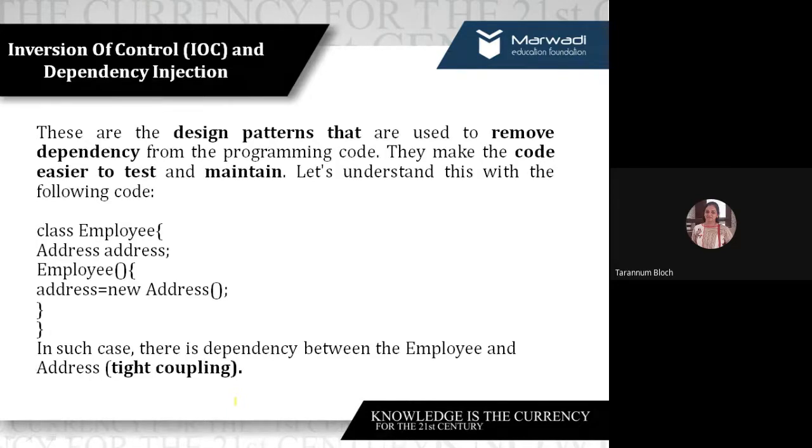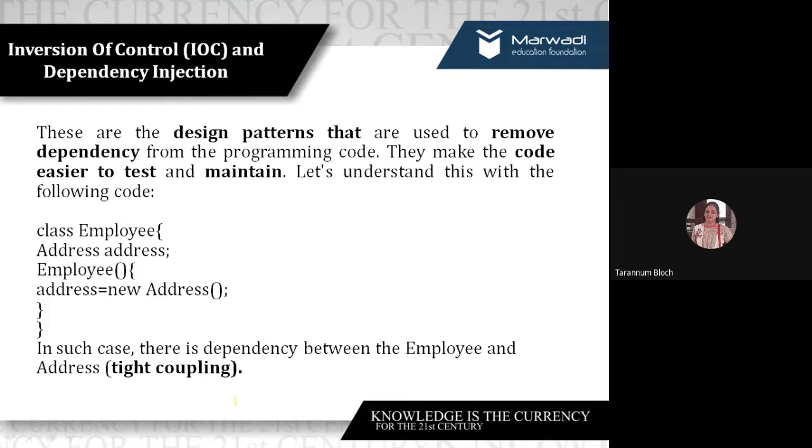Look at the code. We're trying to understand what is tight coupling. In any company, we will have an employee. So we are creating a class Employee, right? And we are creating the object Address because each and every employee will have an address. So we created an object Address, and you see here, Employee is my default constructor.